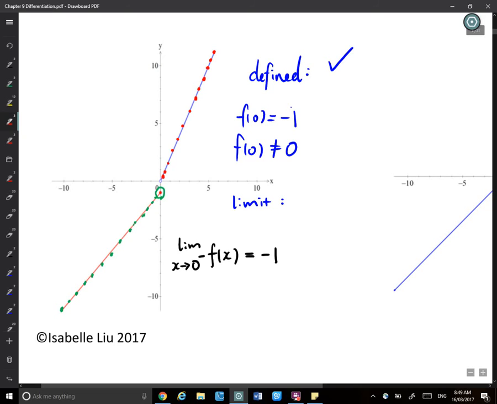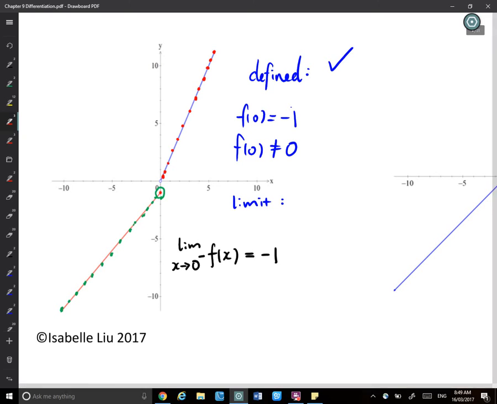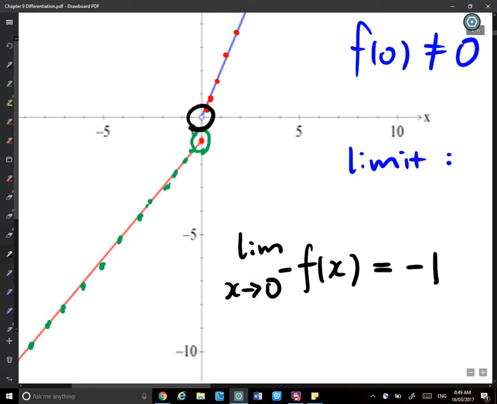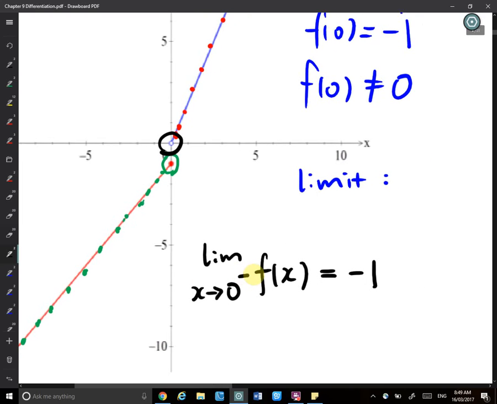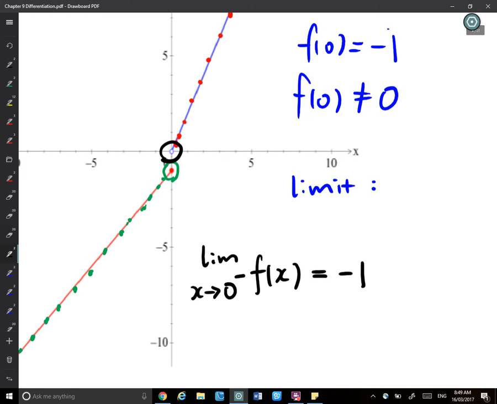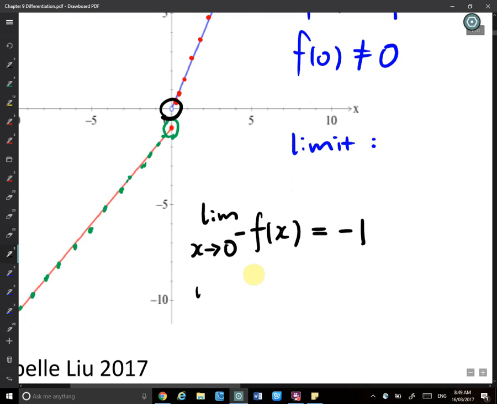Which point am I approaching? It's the open circle, sliding down until 0, approaching this point. At what level is that point? That point is at level 0. So I'm approaching 0 if I go from the right-hand side. So the limit as x approaches 0 from the positive side of f(x) equals 0.